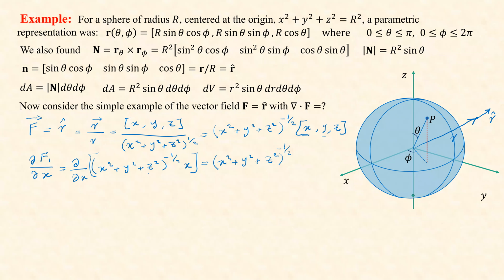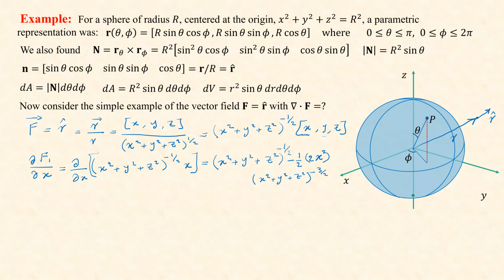So that would be minus 1/2 times x, times x, and times (x squared plus y squared plus z squared) to the power negative 3/2, times the derivative of the base with respect to x, which is 2x. So I write 2x squared here.